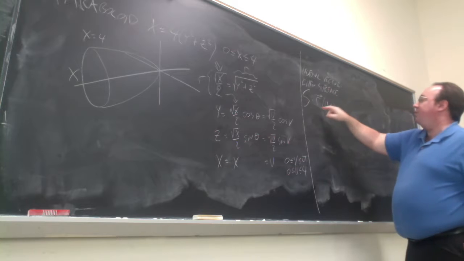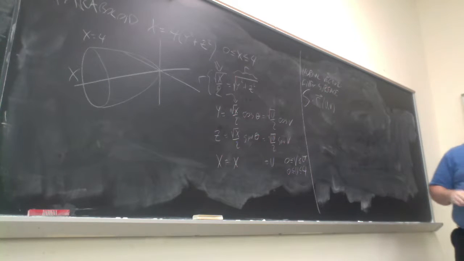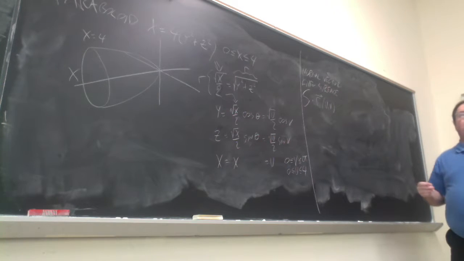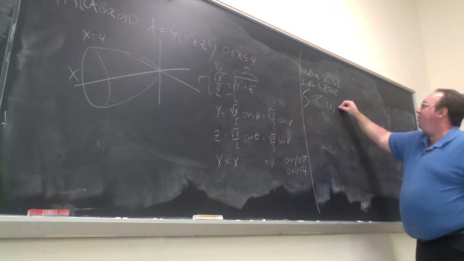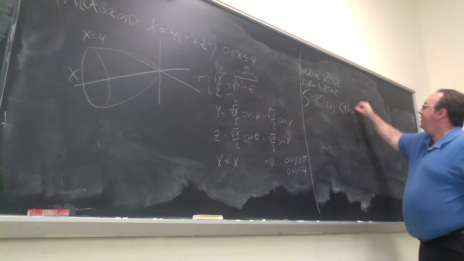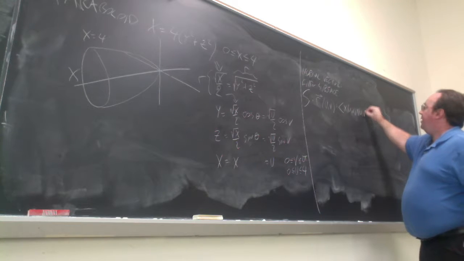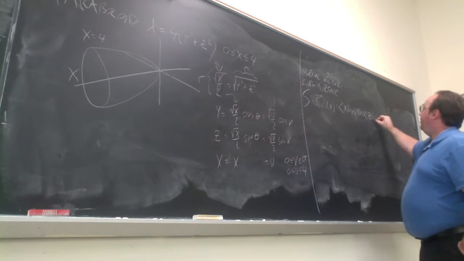Now I used this for curves, where we have a function r of t. For surfaces, same idea. I'll use a function r of u and v, which has components x of u and v, y of u and v, z of u and v.